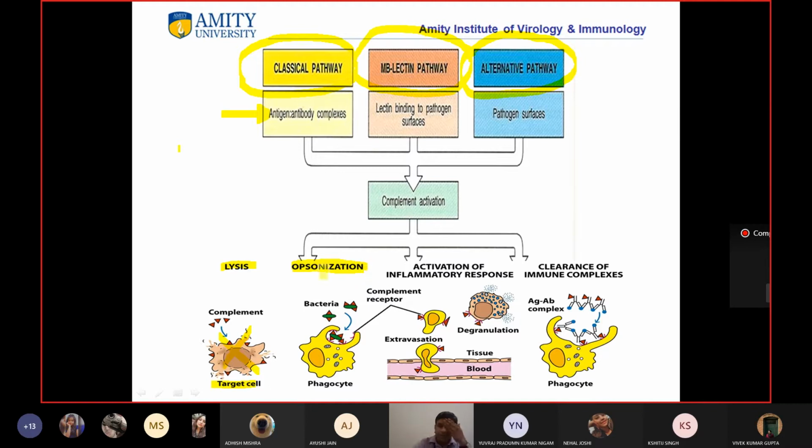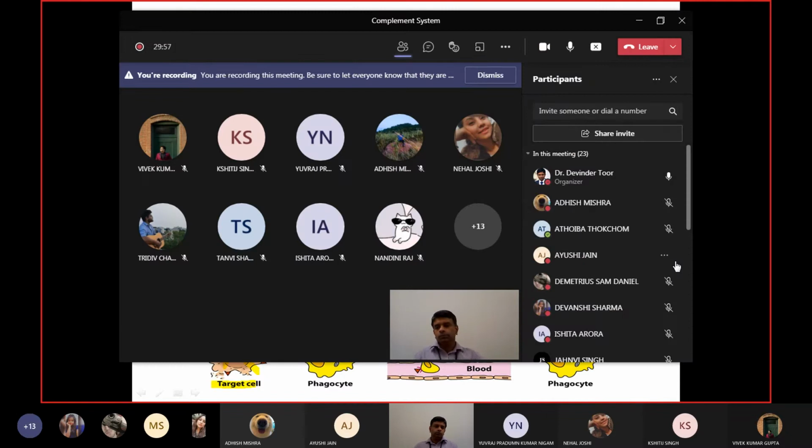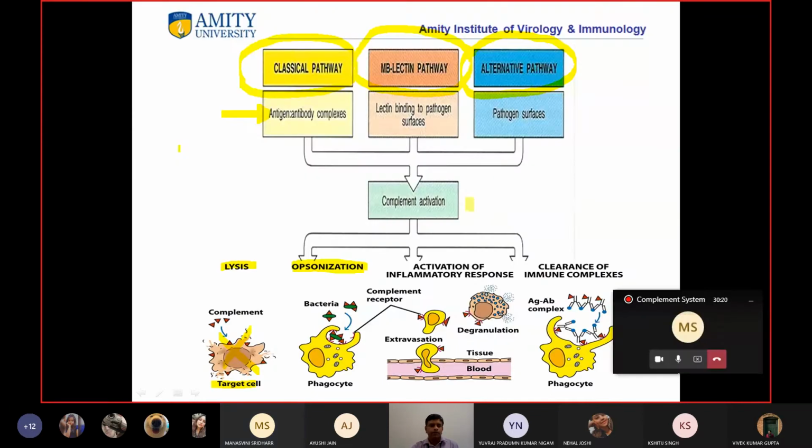So students, does anyone remember what opsonization is? Sir, it's basically a way to make any kind of invading pathogen easier for the phagocyte to digest. Yes, right. So basically, it helps in the process of phagocytosis.